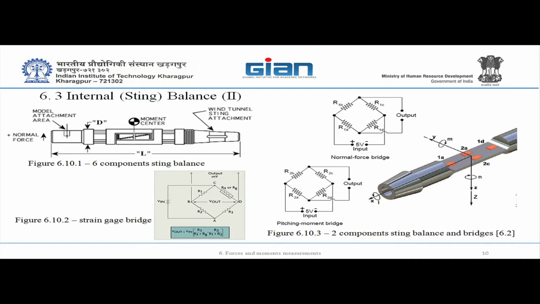Let's say you take a metal ruler, and you glue on it two strain gauges, and you connect it at one end, and the other end you load it. What happens is it's elongated. It elongates also the strain gauges.